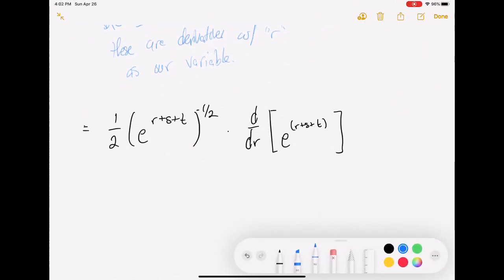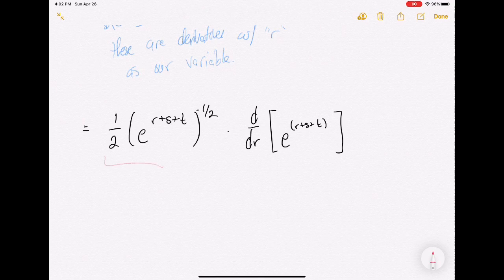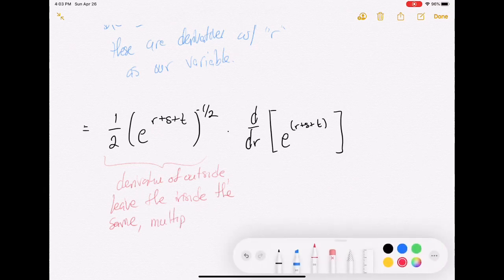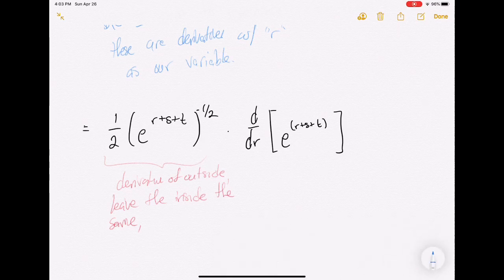And so I'll just mark this out in our lovely chain rule notation that we love. Derivative of the outside. And then the next piece is multiply by the derivative of the inside.